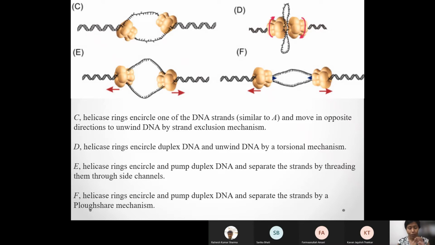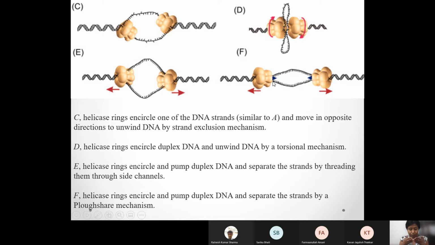It could itself have a torsional activity, so it's spinning, and as it spins, it unwinds the DNA. It could cause the DNA single strands to come out from the central hole, or the DNA single strands might simply be splayed apart by some structure, which has been described here with this arrow.